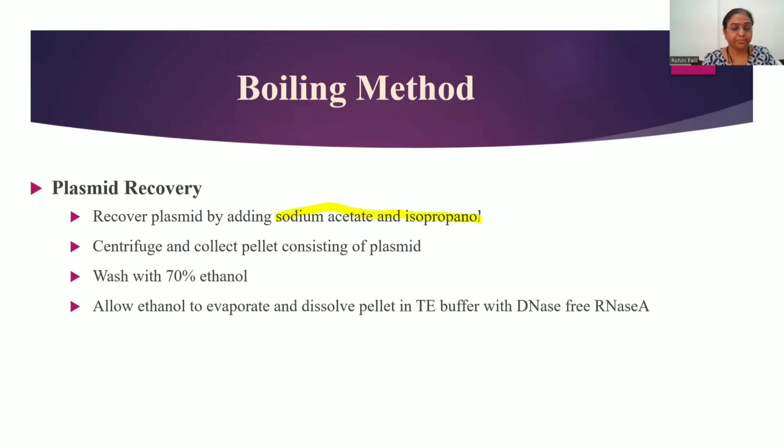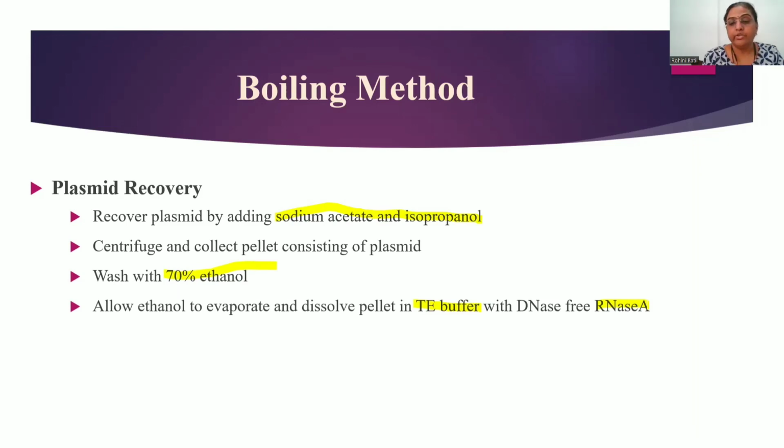Here, when we add sodium acetate and isopropanol, we actually dehydrate the plasmids, so the plasmids get precipitated, and after centrifugation we get the pellet of the plasmids, which is washed with 70% ethanol, and then dissolved in TE buffer after drying, and there is the addition of RNase A. RNase A is the enzyme which cleaves the RNA, so the RNA impurities present with the plasmids are removed.